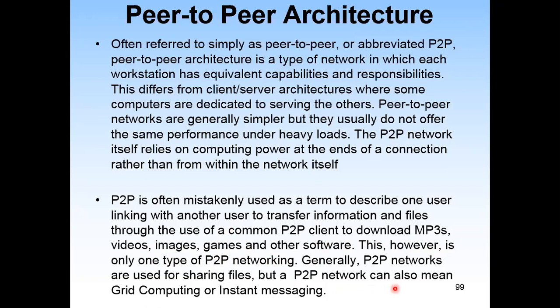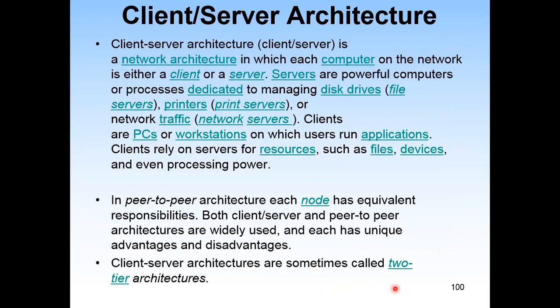You want to communicate from source to destination, from PC A to PC B. While client-server architecture is a network architecture in which each computer on the network is either a client or a server. Servers are powerful computers or processors dedicated to managing disk files, file servers, printers or printer servers, or network traffic controlling servers.